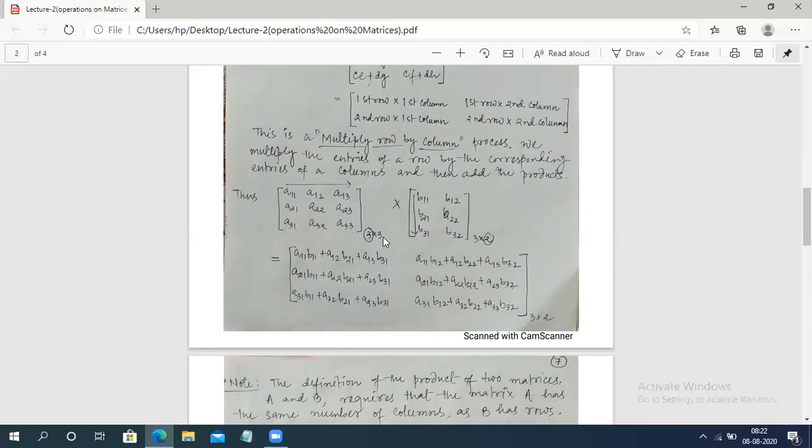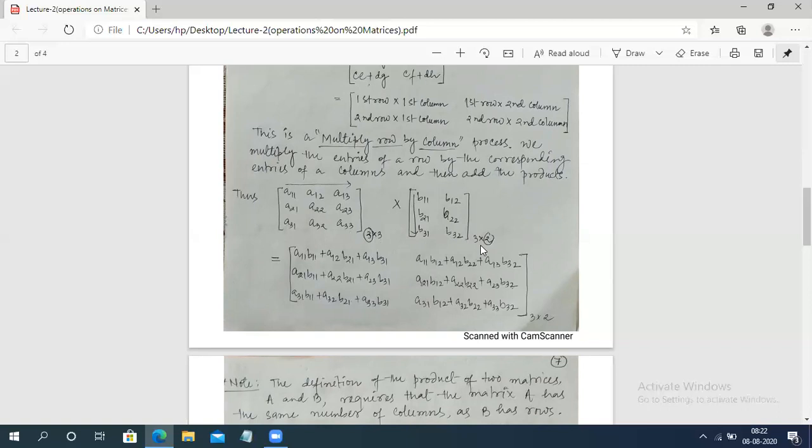The number of columns of matrix A is 3, so the number of rows of matrix B must be 3. It may be any number of columns. So we are multiplying this matrix with this matrix, and the resultant matrix will be of order 3 by 2.